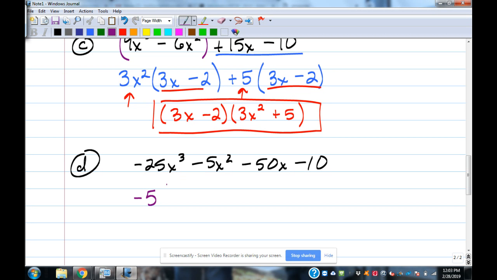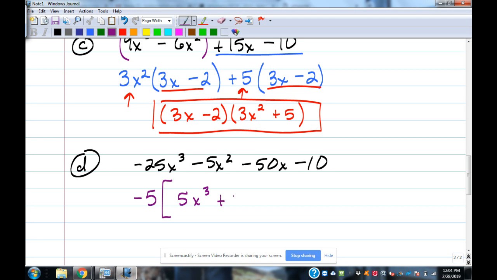So then I'm going to use a bracket. Brackets and parentheses are the same thing. If you want to use a big parenthesis, that's fine. I'm just using a bracket because I think it looks better. What times negative 5 gets me negative 25x cubed? Positive 5x cubed. What times negative 5 would give me a negative 5x squared?